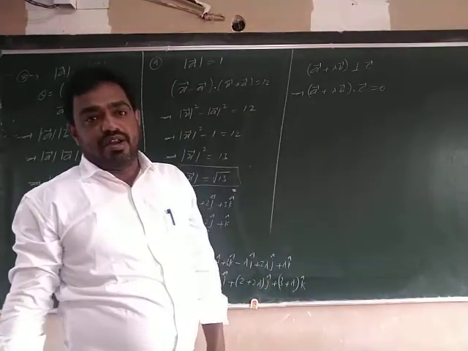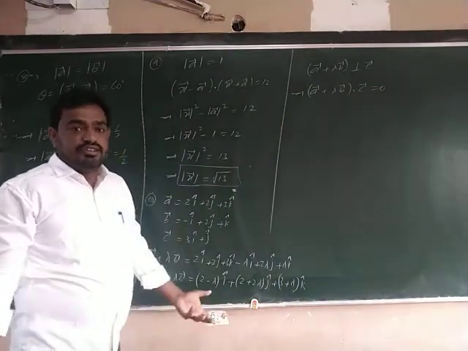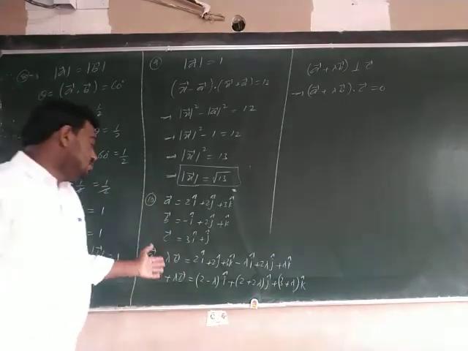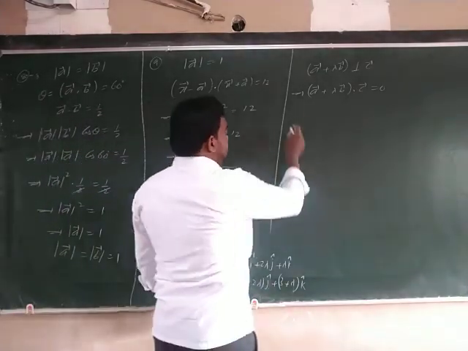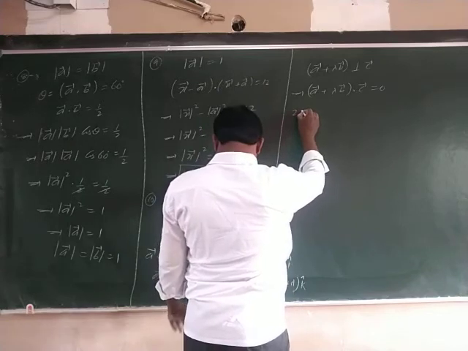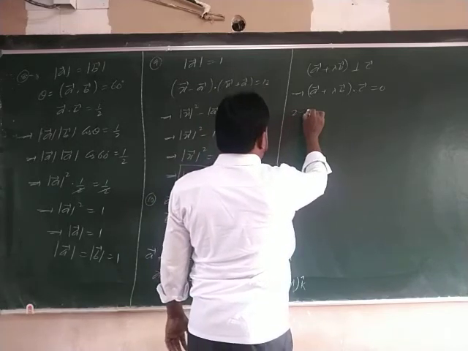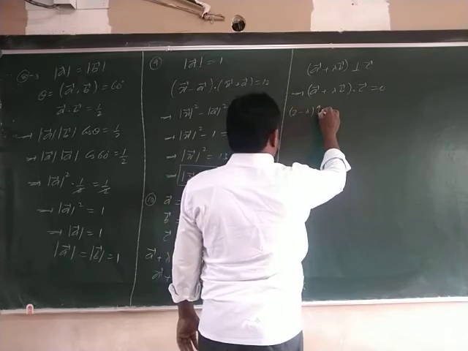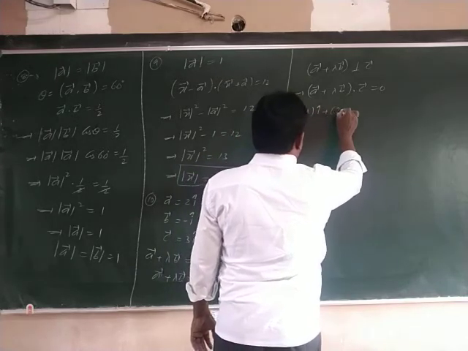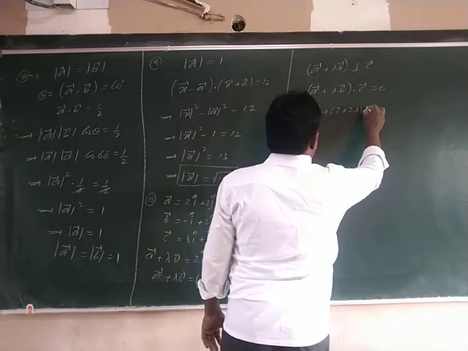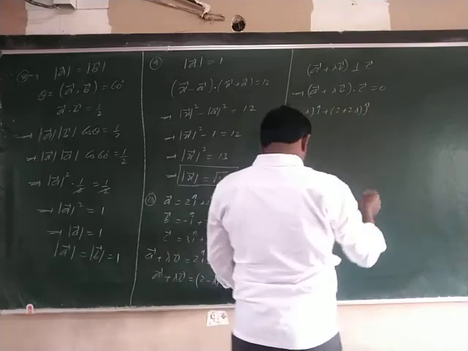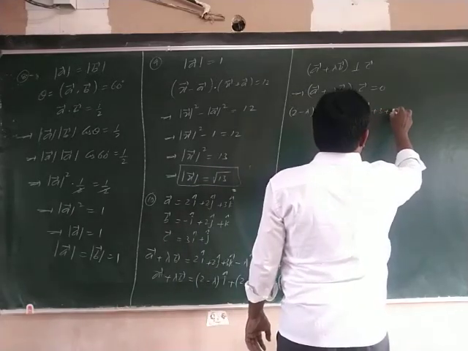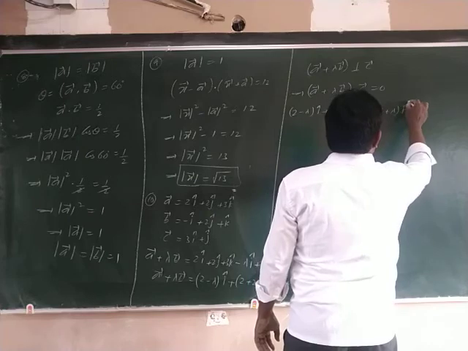If A and B are mutually perpendicular, then the dot product is 0. So you take it now. That is, A plus lambda B: 2 minus lambda into i cap, plus 2 plus 2 lambda into j cap, plus 3 plus lambda into k cap.